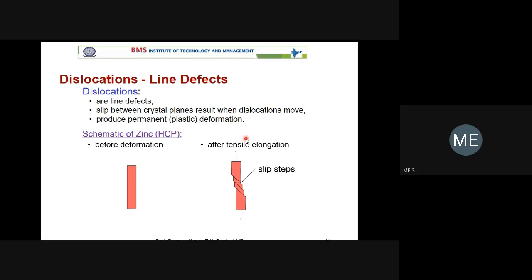But at the microscopic level, how does elongation take place? We apply force, it elongates. Everyone knows. But as a material scientist or material engineer, we have knowledge of materials.